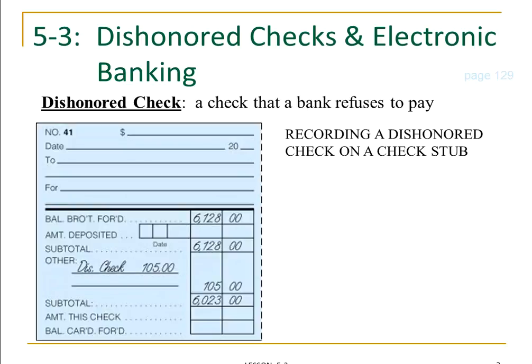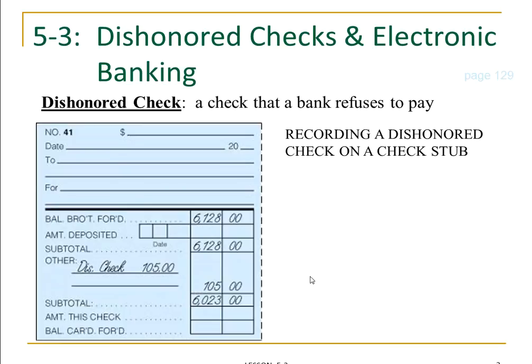and we write down under the other section that we've got a dishonored check and the amount, and we take the subtotal or the balance brought forward and subtract that amount out of our account.